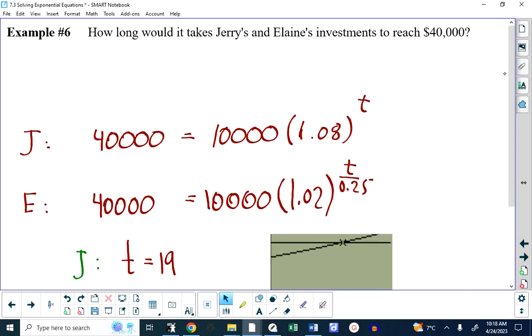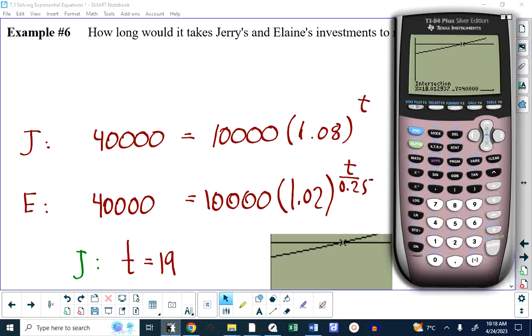What about for Elaine's? We'll just go in and edit our equation. It was 10,000, it was 1.02. This time we need a set of brackets around the exponent, t over 0.25. Looks okay, let's graph it again.